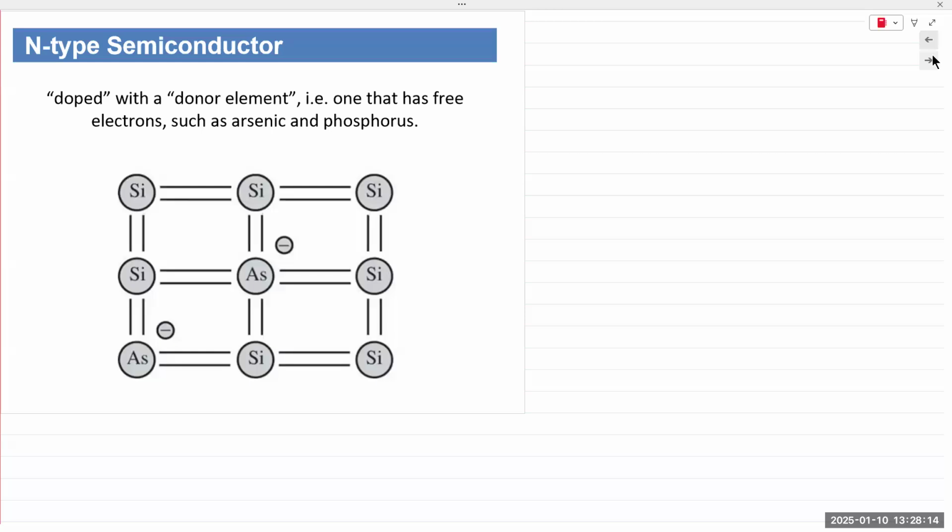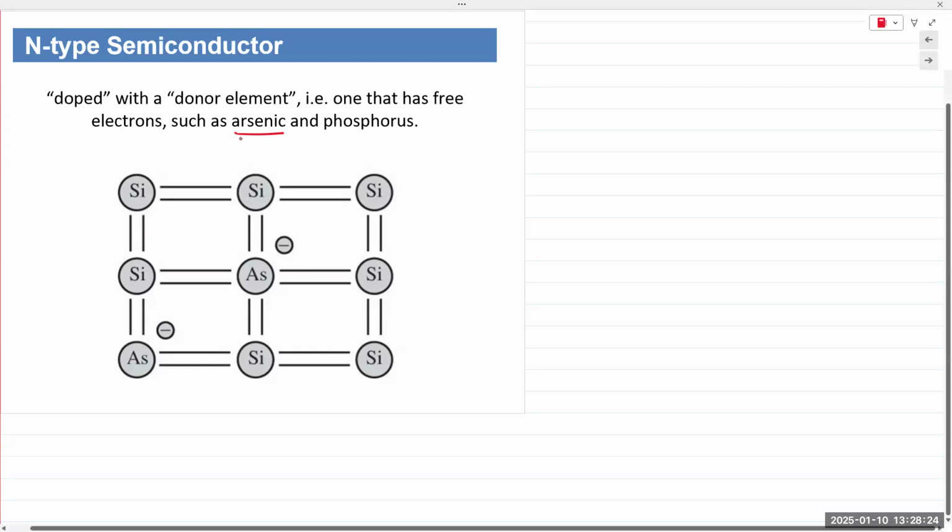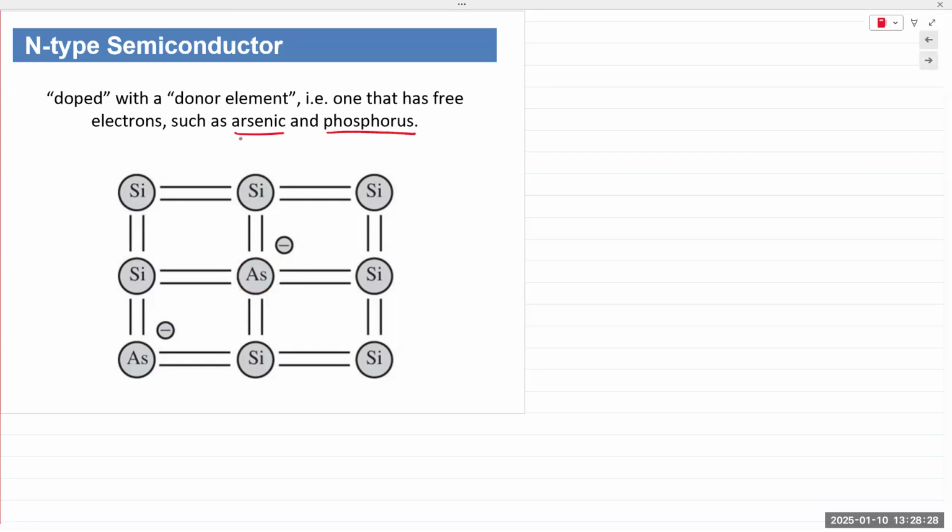It will displace a silicon from the lattice structure and occupy that spot. And once it occupies that spot, let's say if it's arsenic or phosphorus, it's going to form a bond with 4 neighboring atoms. 4 plus 4 leaves behind 1 extra electron.